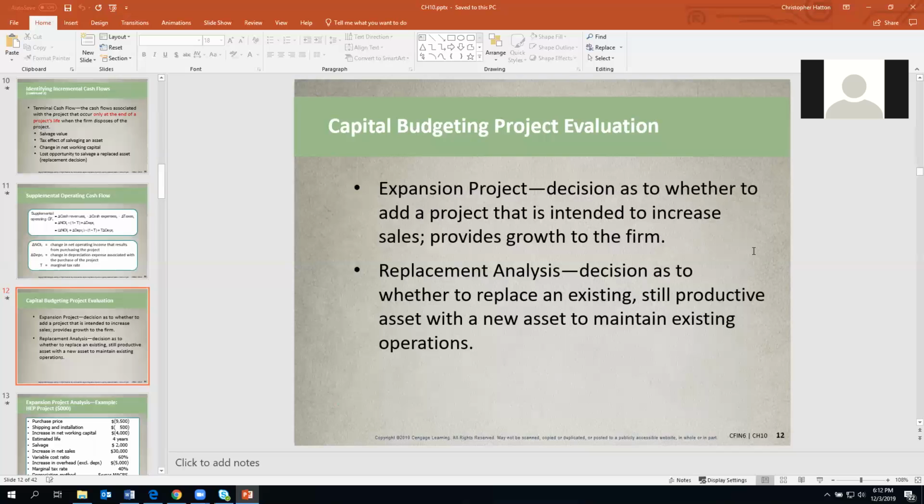Replacement analysis is a decision whether to replace an existing still productive asset with a new asset to maintain existing operations. So that's saying we have a machine that's fully depreciated. It's still producing, but if we were to replace it with a new machine, what are the effects of that?